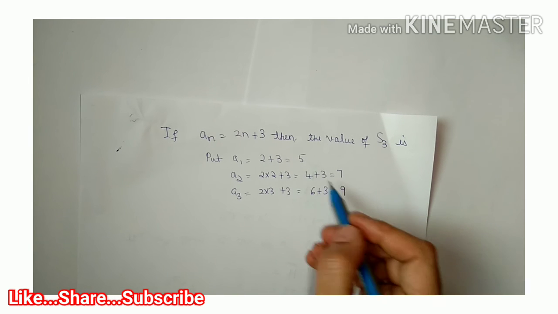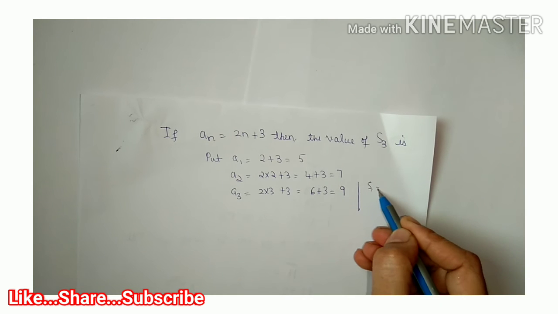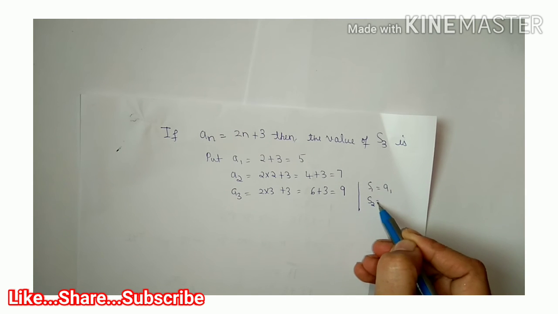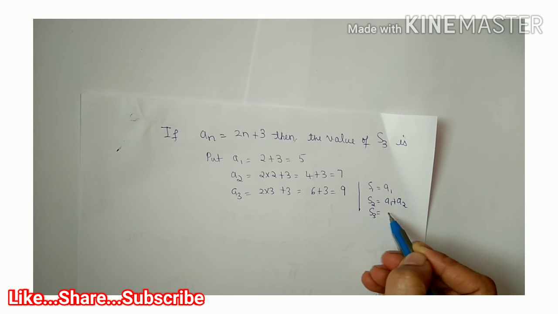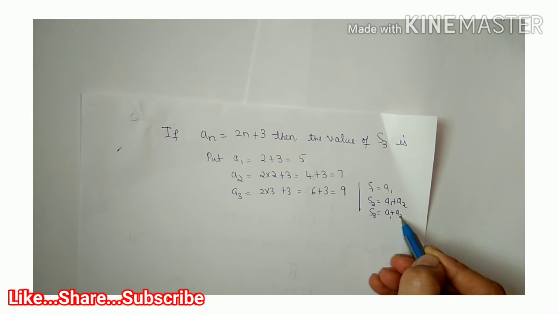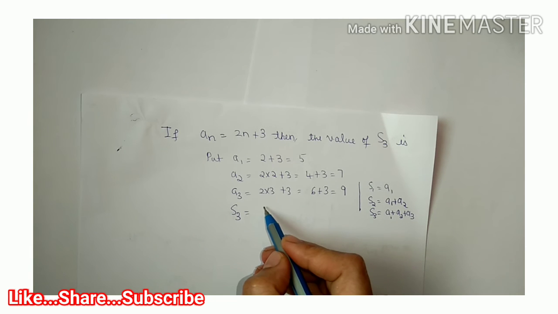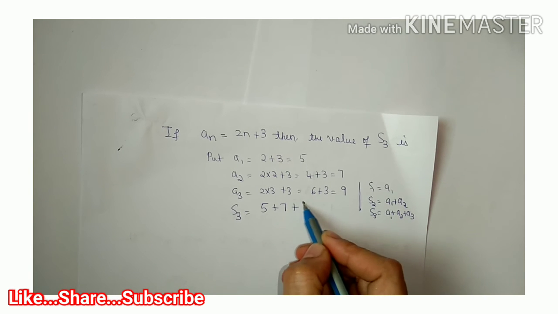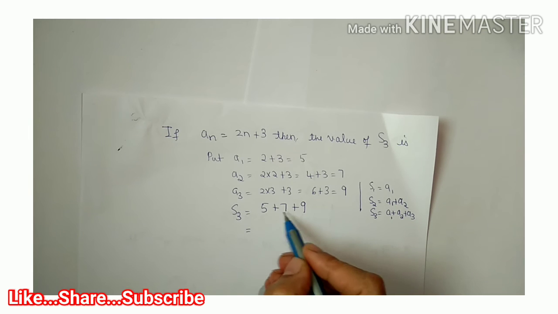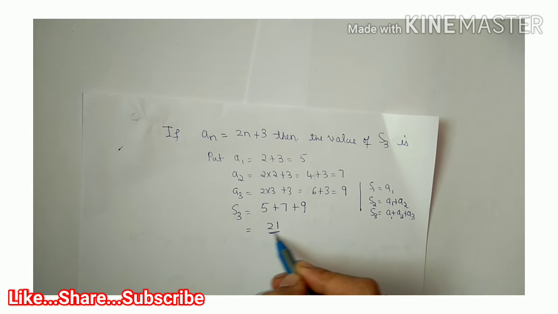The first 3 terms are 5, 7, 9. Here S1 means the first term, S2 means the sum of the first and second terms, S3 the sum of the first, second and third terms. Therefore, S3 is equal to a1 5, a2 7, a3 9. 5 plus 7 plus 9 is 21.